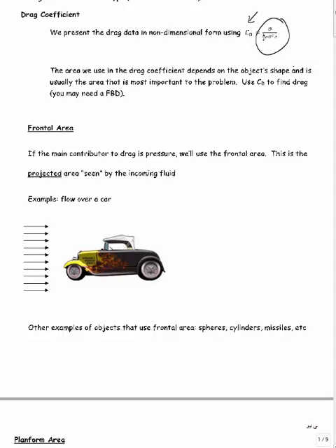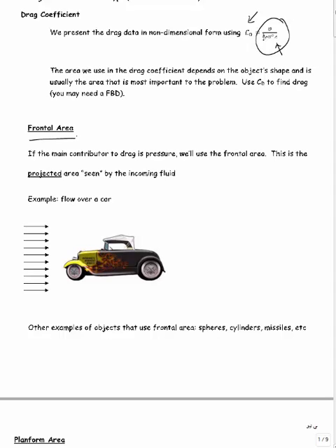So one of the questions you have here is, what is this A? This A depends on what type of drag you're going to have mostly. If you have some kind of blunt object, usually pressure is going to cause most of the drag. In that case, you're going to use what's called the frontal area. The frontal area is basically what the flow sees.